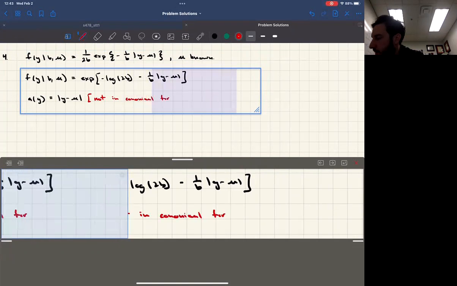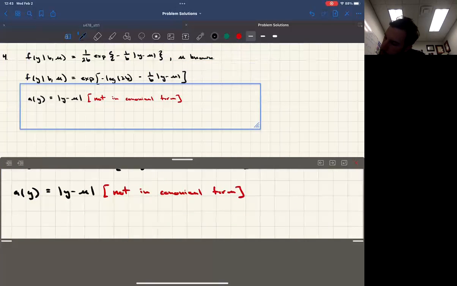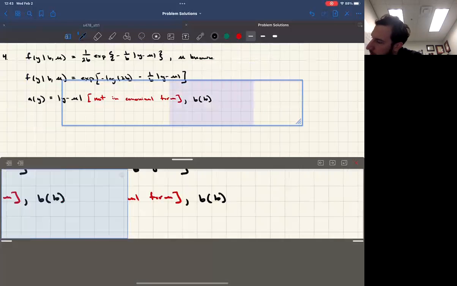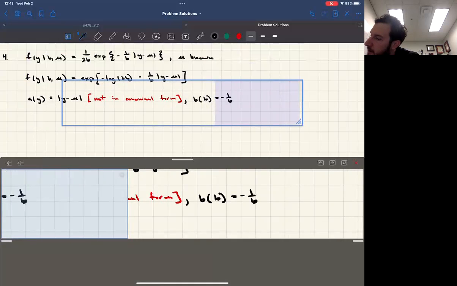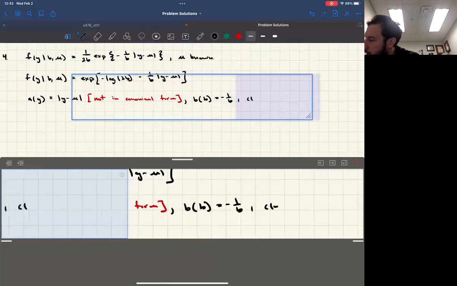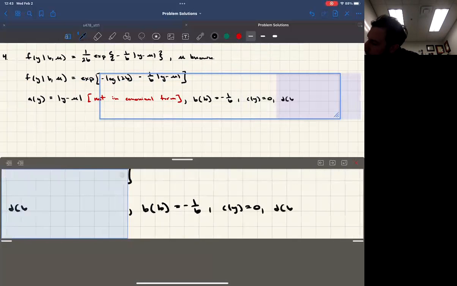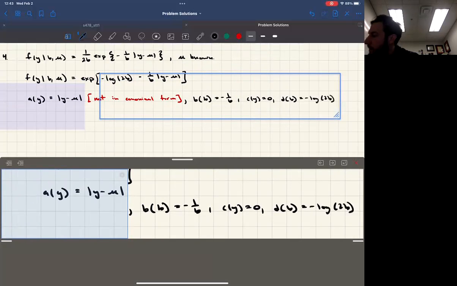So this is not in canonical form. And then b of b is going to be equal to negative 1 over b. And then c of y is 0. D of b is negative log 2b.